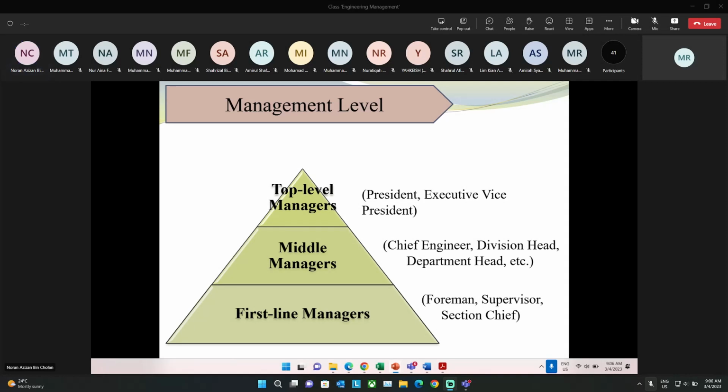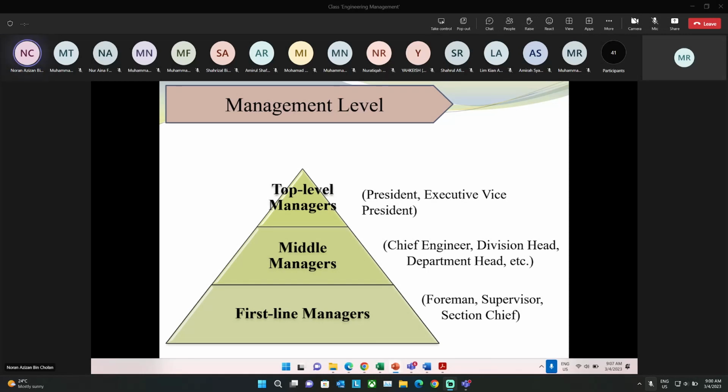So every line has its own supervisor. Every line has technicians, so there are technicians and operators. For every line, there is a supervisor who controls the operation of the line.